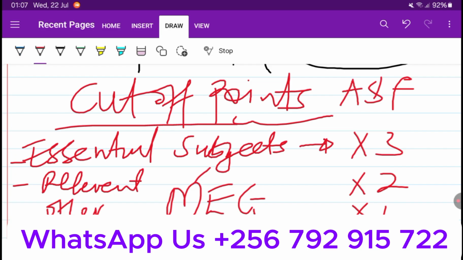So if math and economics are the essential 2 subjects, most courses, especially business courses, always have economics as an essential.